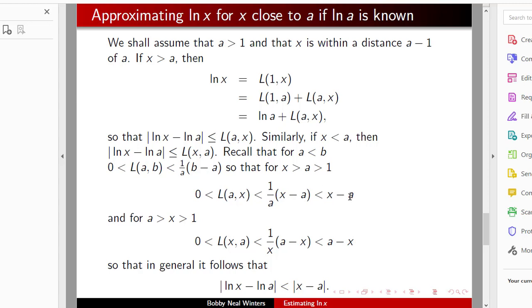Again, this is a positive number. If a is bigger than x is bigger than 1, I can do a similar calculation and show that L of [x,a] is less than a minus x. And so in general, it follows that the absolute value of the natural log of x minus the natural log of a is less than the absolute value of x minus a.